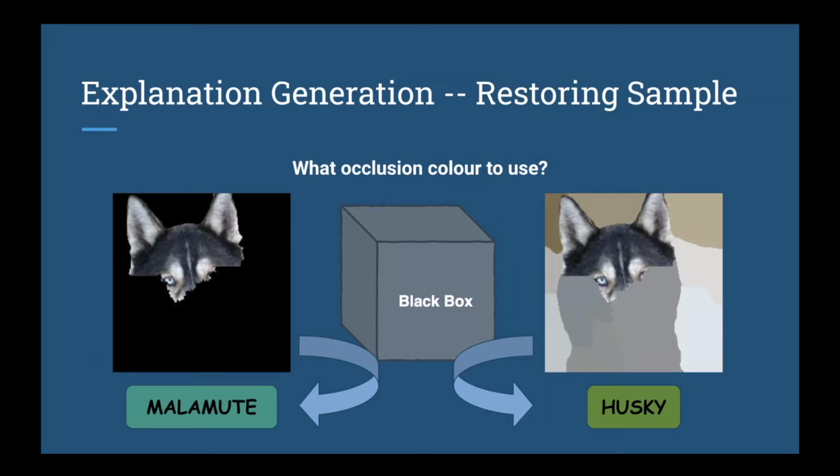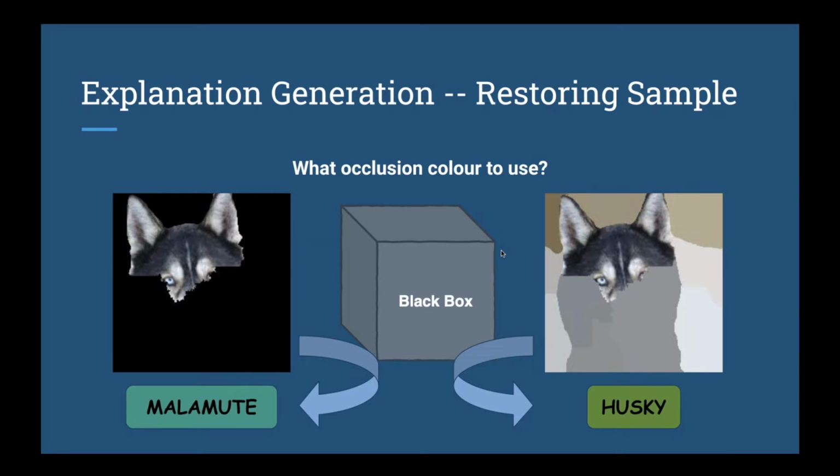However, black box models can be sensitive to different colors. So just to give you an example, I used a black box, and then for this particular image used either black occlusion for all of the segments but the one with the dog's face and ears, or I used the mean color occlusion, which basically replaces each segment of an image with the mean color in that segment, and I got 2 different predictions.